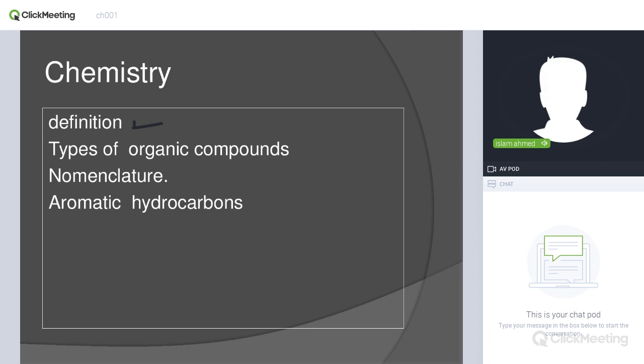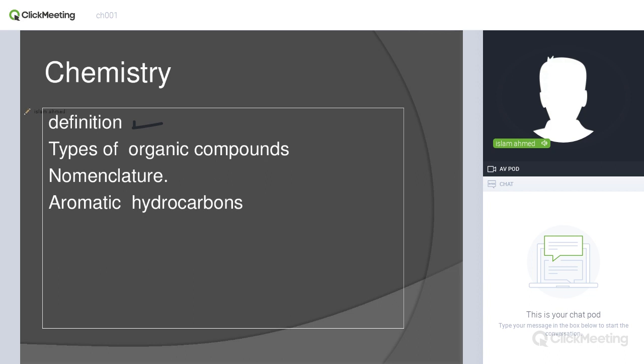So those are the most important atoms in the compound. We will have carbon, hydrogen, oxygen, and nitrogen. So mainly we have here two types of the pharmaceutically active compounds, the aliphatic compounds and the aromatic compounds.